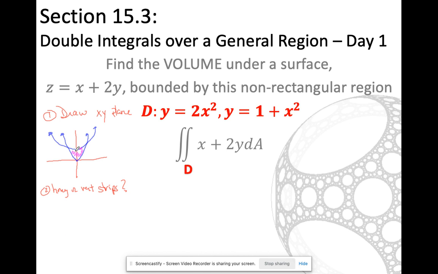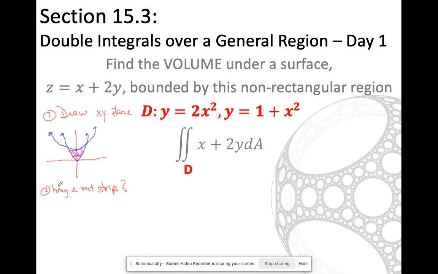So hopefully you can see that if you draw horizontal strips, right, your left boundary is 2x squared and your right is 1 plus x squared here, but for the top of the region, but at the bottom of the region, my right and left are both defined by 2x squared.